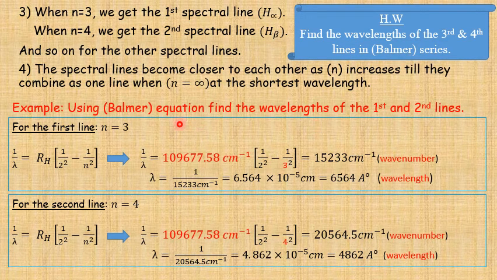You can see here in the example, I found the wavelengths of first and second lines. I want you to continue in the homework same way and to calculate the wavelengths of the third and the fourth lines in Balmer series. So try to do your best to solve this homework.